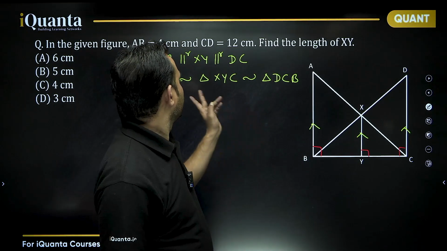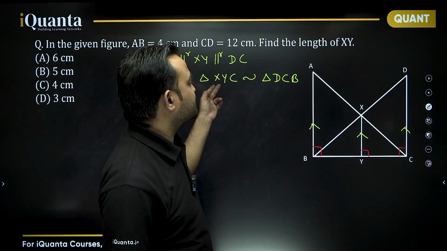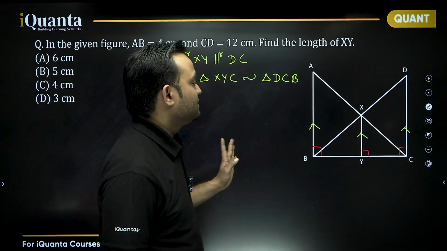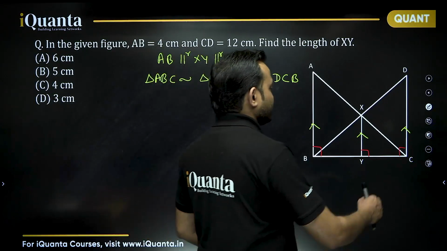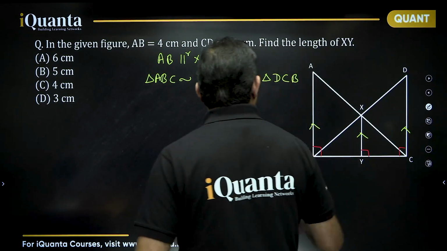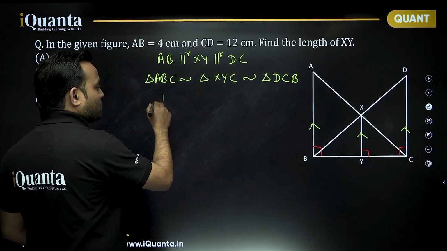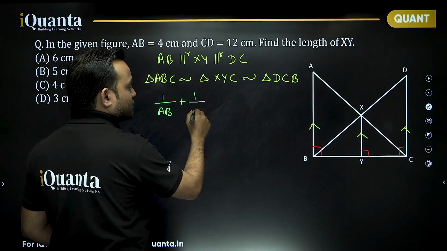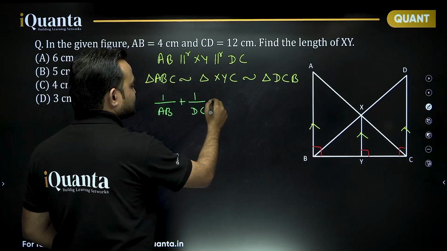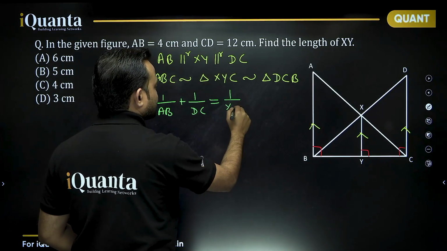Or we have started from A and then X, so it will be DCB. Using this, we get a very important relation with respect to the length of XY, that 1 by AB plus 1 upon DC is equal to 1 upon XY.